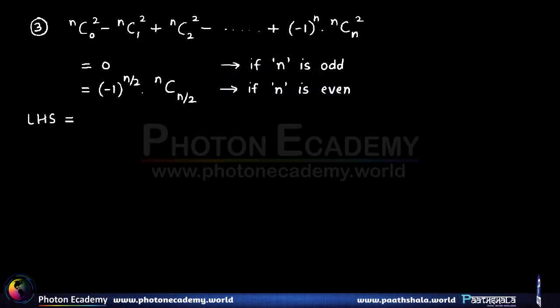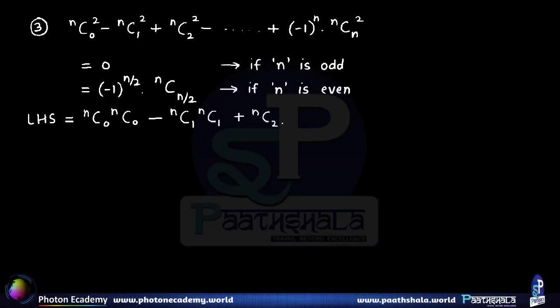For this we begin with LHS and once again write nC0 into nC0 minus nC1 into nC1 plus nC2 into nC2 and so on, up to finally we have minus 1 raised to n nCn into nCn.